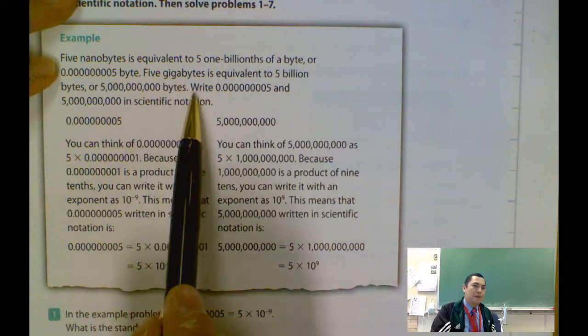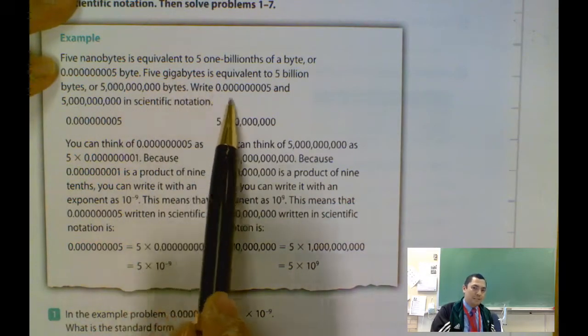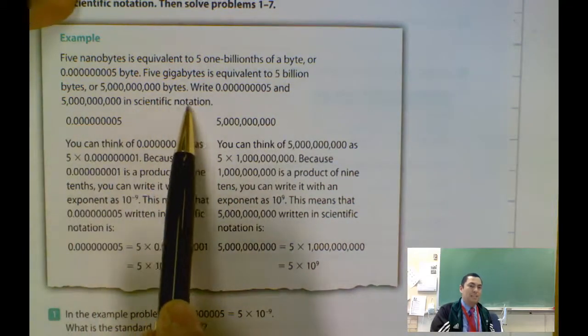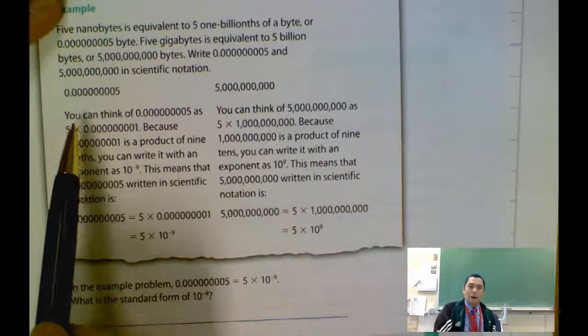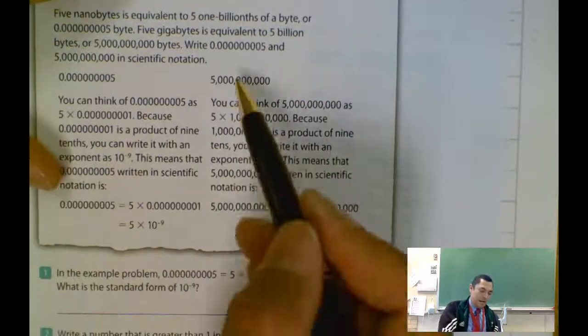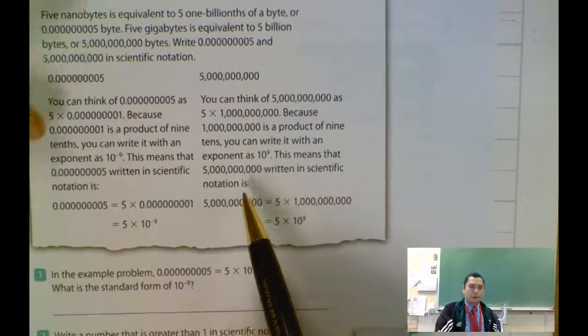And so they are asking me to write this number and 5 billion into scientific notation. You have all this theory here that you can read, and it will explain to you how to do it.